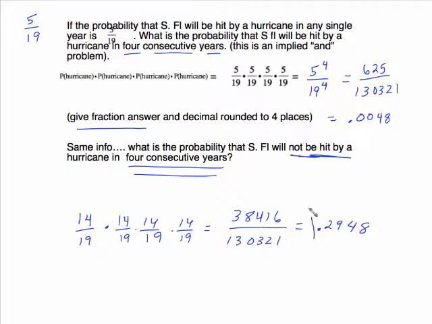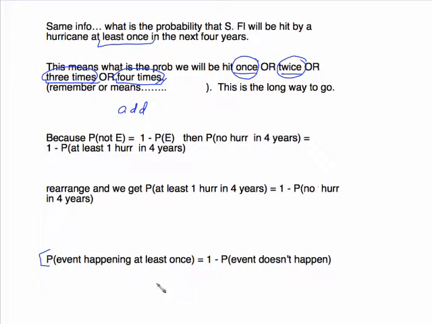Here is the probability that we did not get a hurricane in 4 consecutive years. So our answer here will be 1 minus that decimal, which was 0.2948. And that answer will be 0.7052. And that is the probability that we get this hurricane at least once in 4 years.